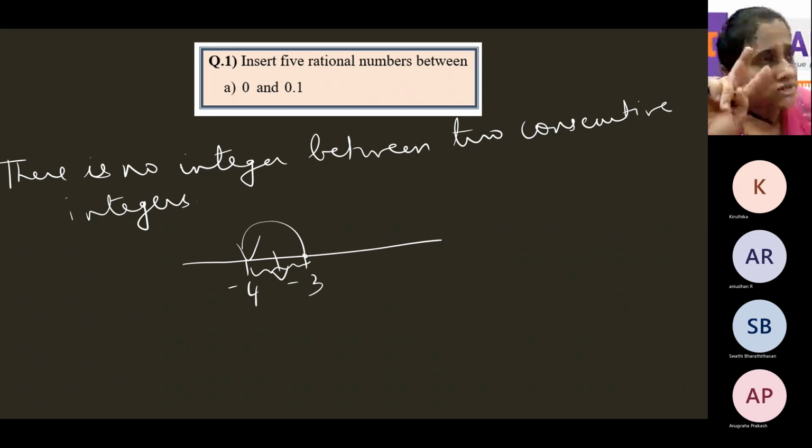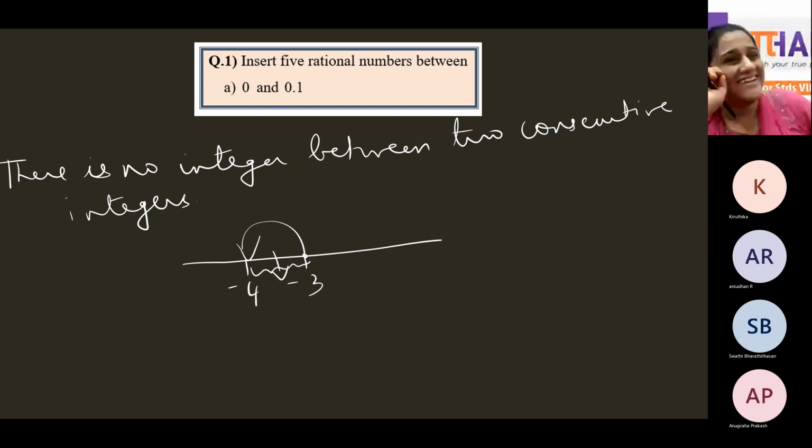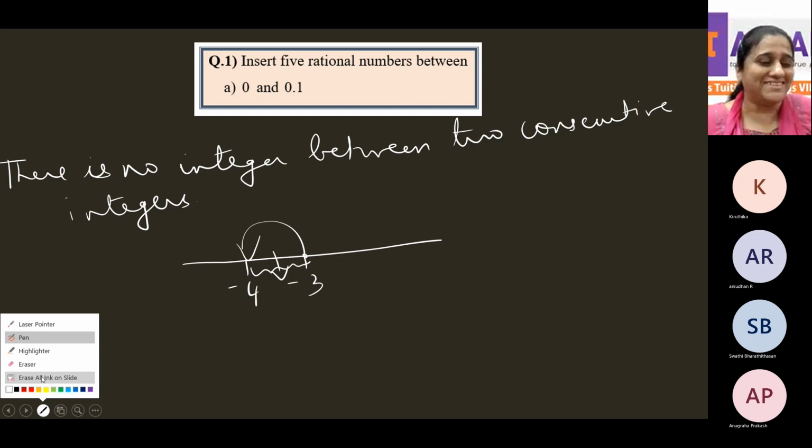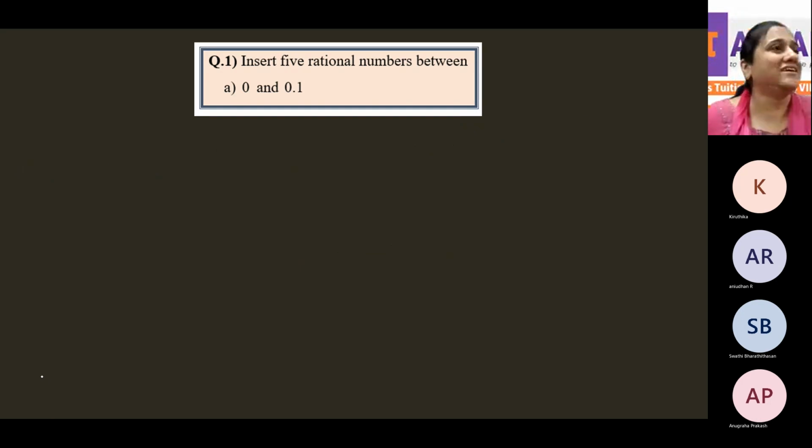So between 2 consecutive natural numbers, no natural number; between 2 consecutive whole numbers, no whole number; between 2 integers, no integer; but between 2 rationals there are infinitely many rationals. அந்த ஆன்சர் எல்லாம் முன்னாடியே சொல்லிட்டோம். So between 2 rational numbers there are infinitely many rational numbers.